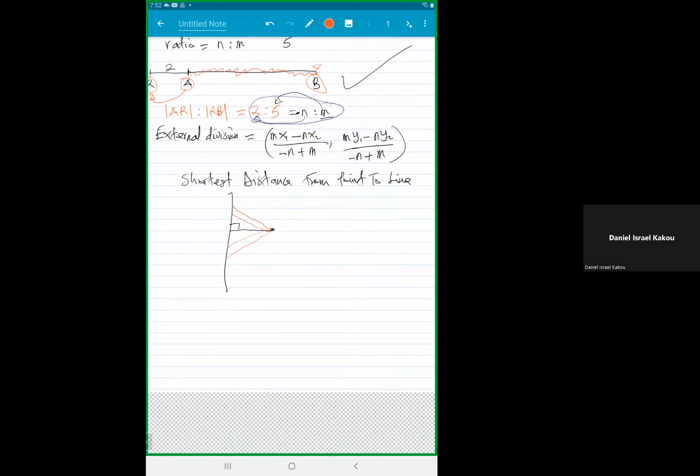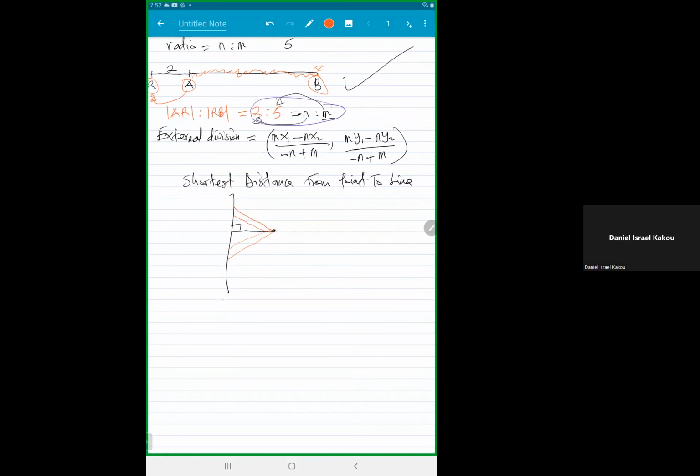And you may have this line with a formula. So this is L1. It may have the normal equation of a line, AX plus BY plus C equal to 0. And this is a point, which could be any point, maybe X1 and Y1.